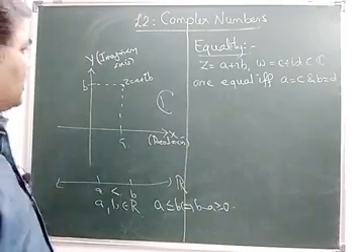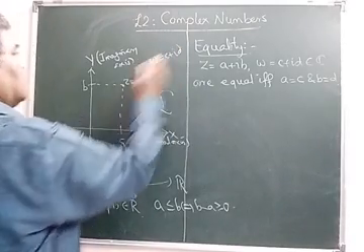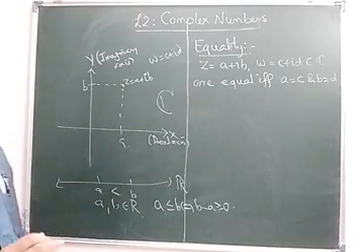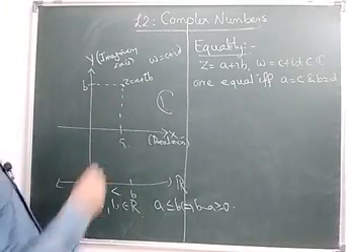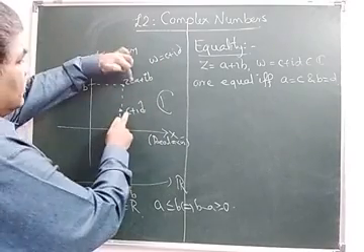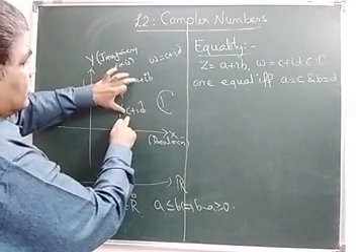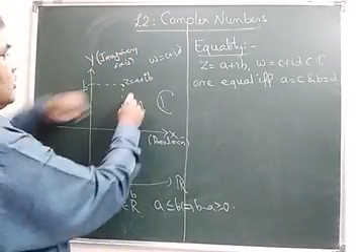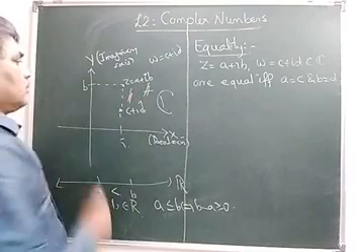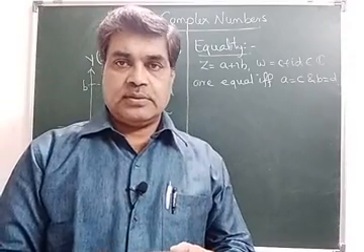Now for two complex numbers A plus iB and W equal to C plus iD, I cannot compare these two numbers. Here A and C are equal because the real parts lie on the same line, so A equal to C but B not equal to D. The imaginary parts are different.